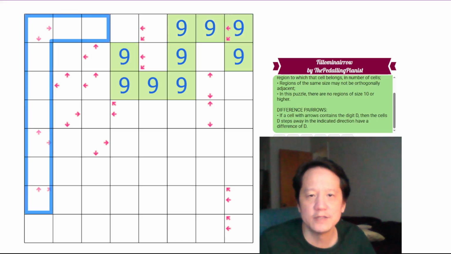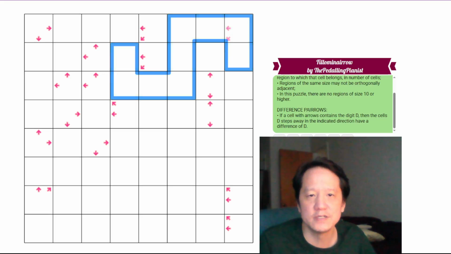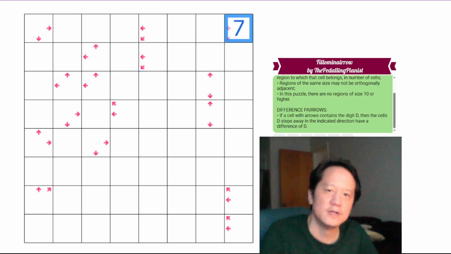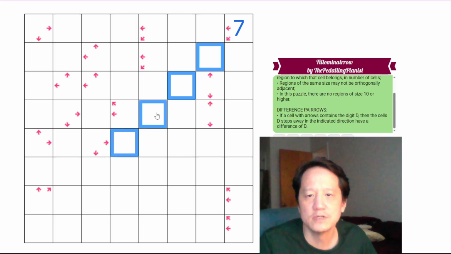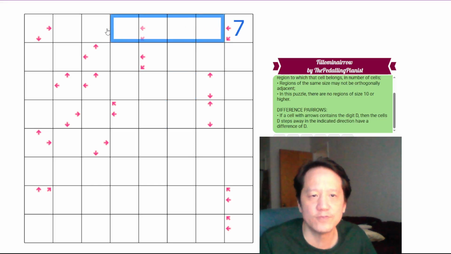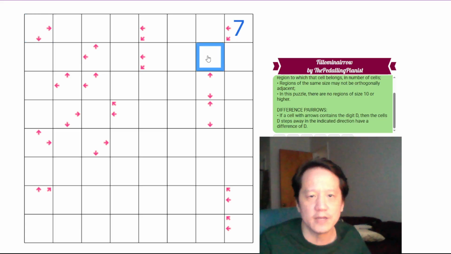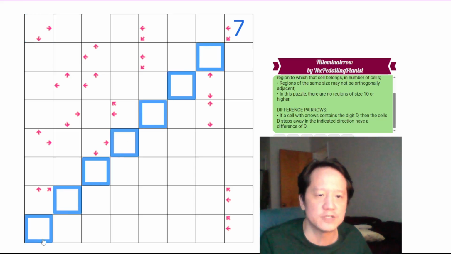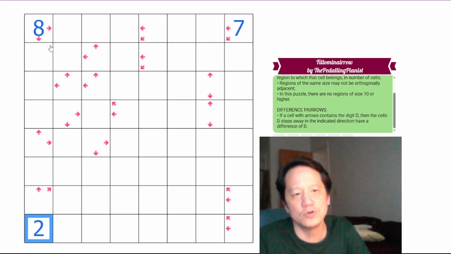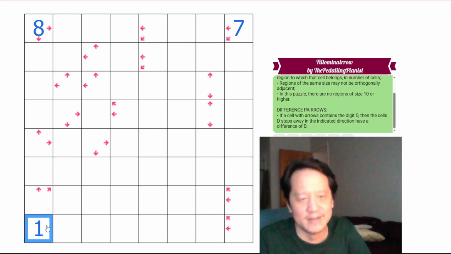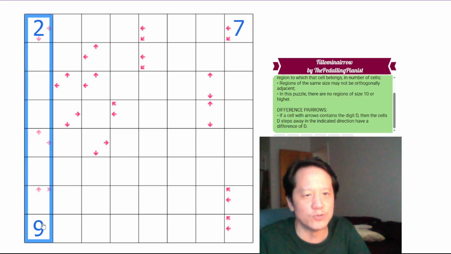But say this was a 7 here. That means the cells 7 away in each direction for the pairs have a difference of 7. So 1, 2, 3, 4, 5, 6, 7, and 1, 2, 3, 4, 5, 6, 7 away would have to have a difference of 7. So you could have like 8 and 1, or 9 and 2 in some order.